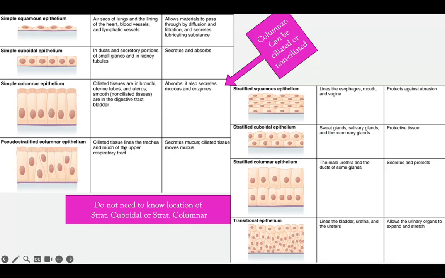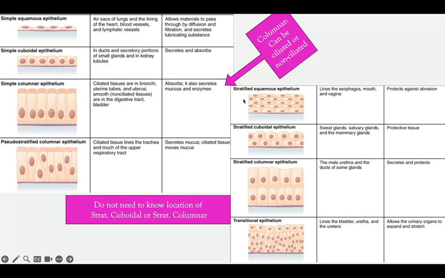The ciliated tissue we'll see lining the trachea and a lot of the upper respiratory tract. Because it has cilia, it's going to be moving mucus. It also will secrete the mucus. Those are our epithelial tissues that are all one layer. Whether we're calling it simple or pseudostratified, it's still one layer.